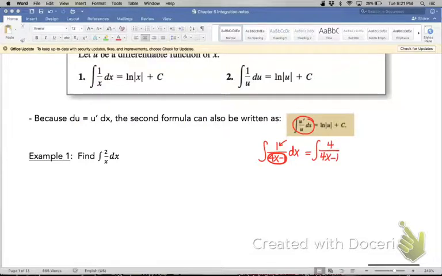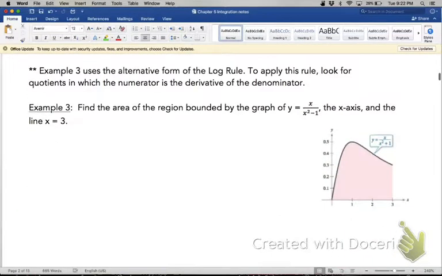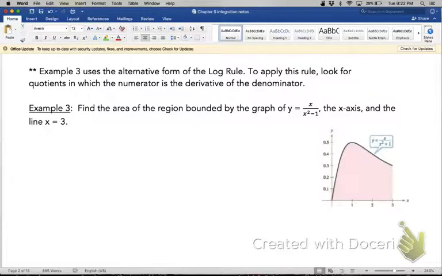So I can rewrite this as 4 over 4x minus 1 dx. You can see a little better that this follows that pattern of u prime over u. And if you recognize this, where the numerator is the derivative of the denominator, you can move through these types of integrations very quickly.